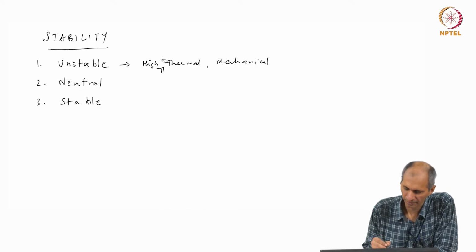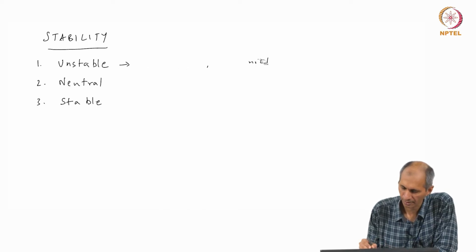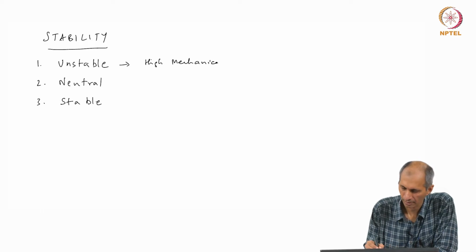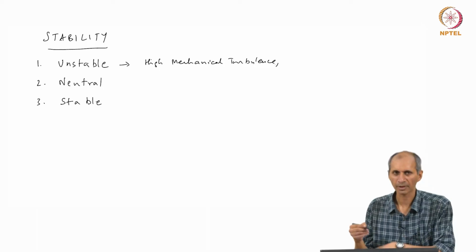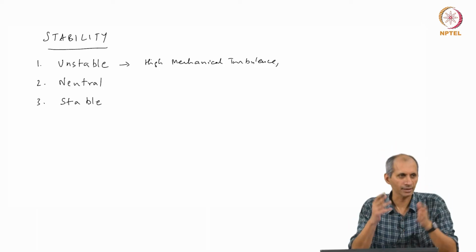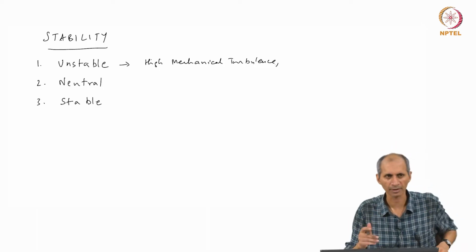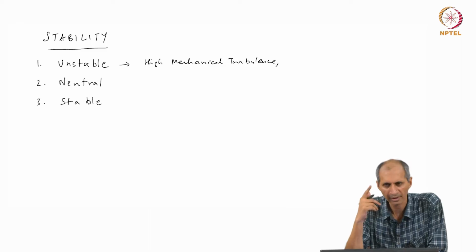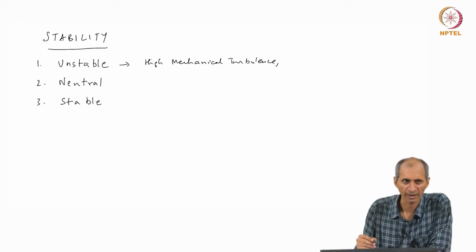In the sense, we have to revise this statement. We have high mechanical turbulence, which means the wind is very high. Turbulence essentially means wind is in all directions. The hallmark of turbulence is there is high velocity in the x direction, but in the z and y direction also it is fairly high.